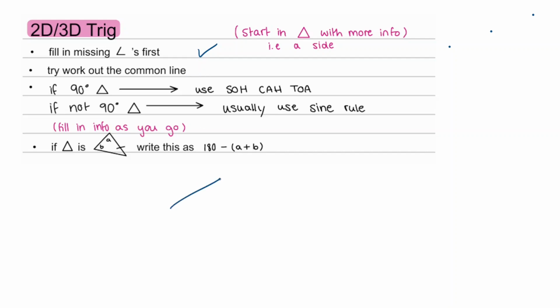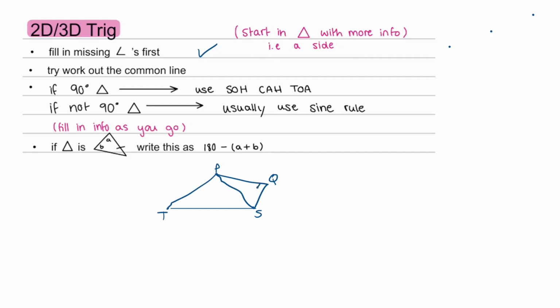Often you'll have something like this, where you've got one triangle touching another, and maybe they're ultimately asking you to work out PQ, but it's so wild to start working out how to get PQ. Typically it's best to start in the triangle that has more information.